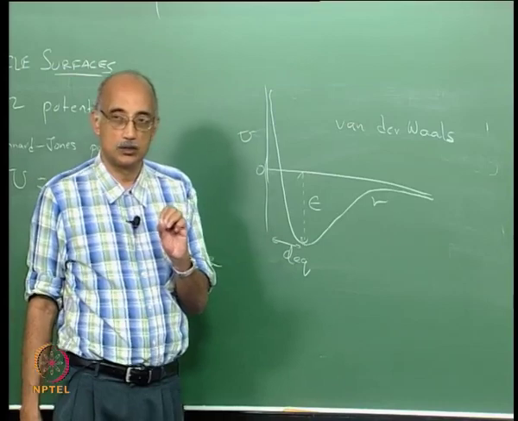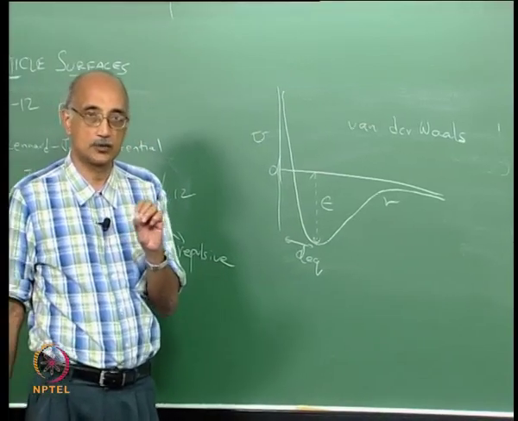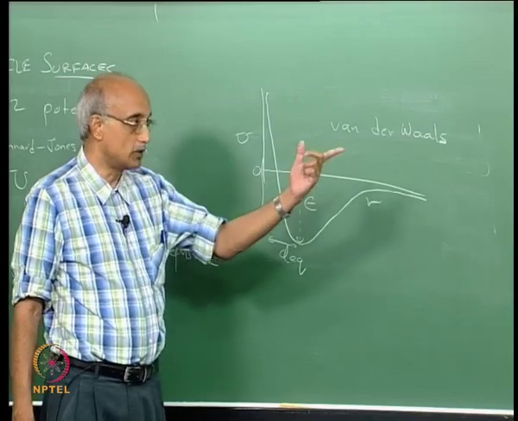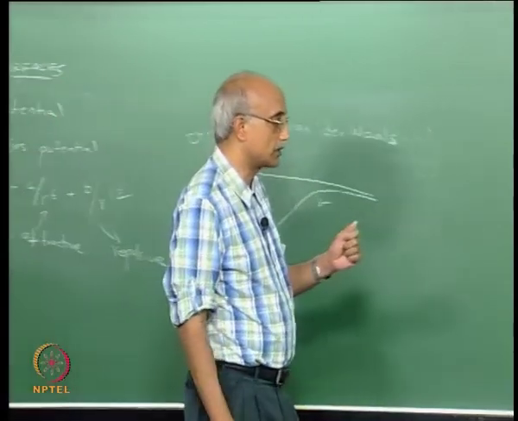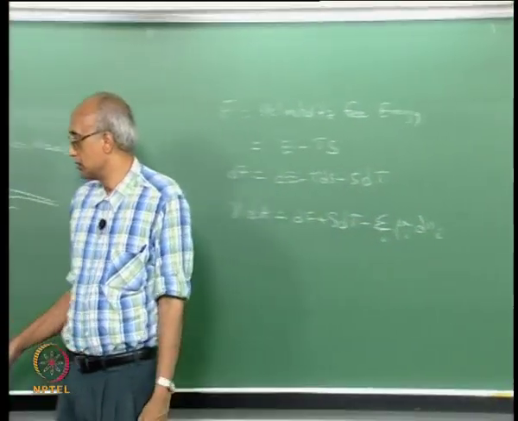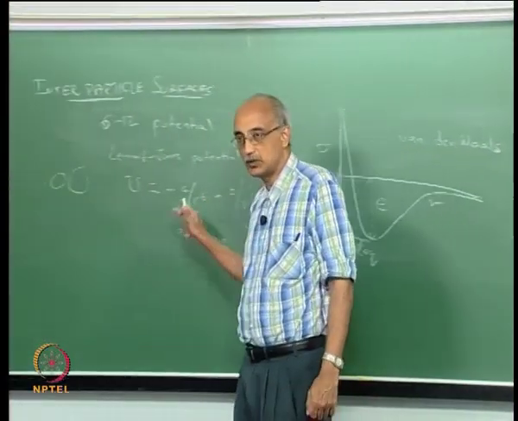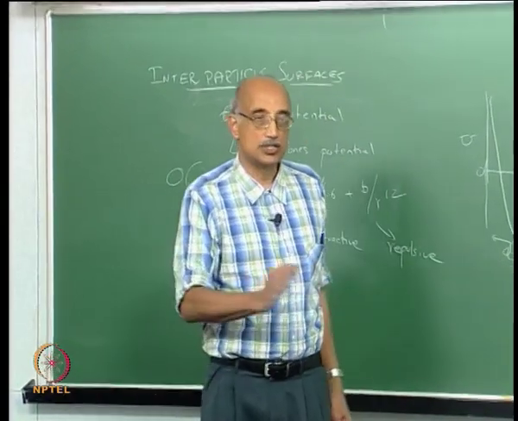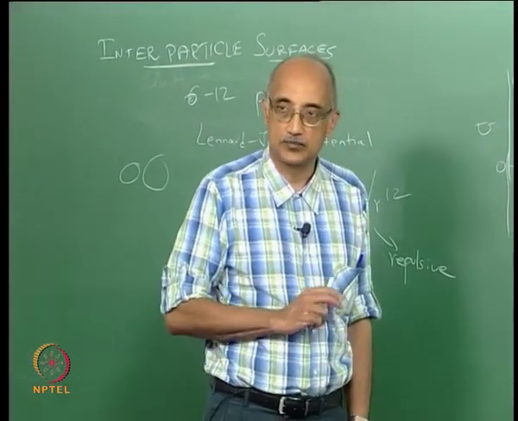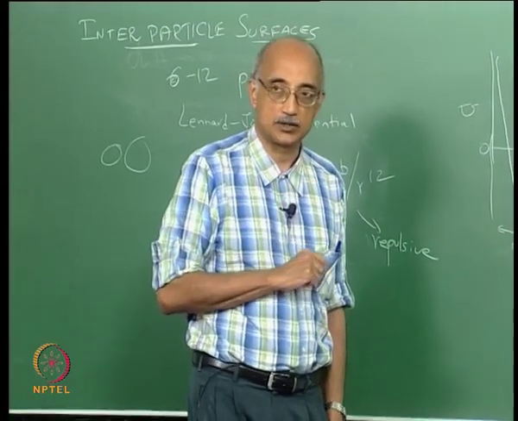The core or even the subsurface of the particle really doesn't enter either that equation where we calculated the surface energy of the particle, or these equations where we are looking at the potential between a pair of particles. It's all based on surface characteristics of the particle.